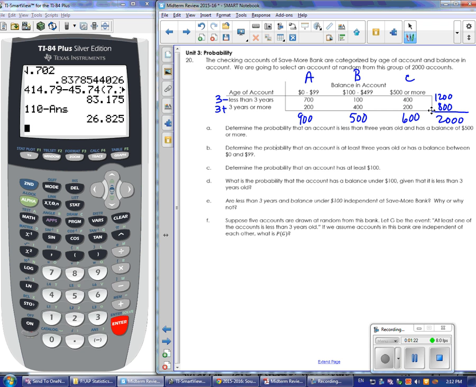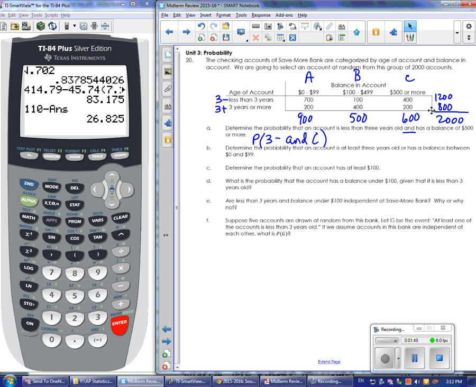All right, so in letter A, it says to determine the probability that an account is less than 3 years old and has a balance of 500 or more. So I'm looking for the probability that it's less than 3 years old, so I'm calling that 3 minus, and that it has a balance of $500 or more. So that's my event C. Now, you don't have to use your probability rules here because of the way the table is set up.